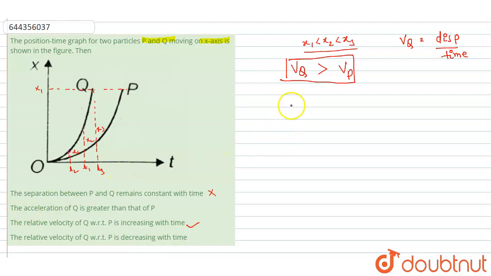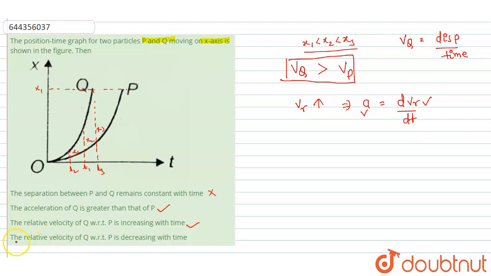And if relative velocity vr is increasing, then acceleration would definitely be increasing, because acceleration is equal to dvr upon dt. So if relative velocity is increasing, then acceleration is definitely increasing. So the option is saying that the acceleration of Q is greater than P. So it is also the correct option.